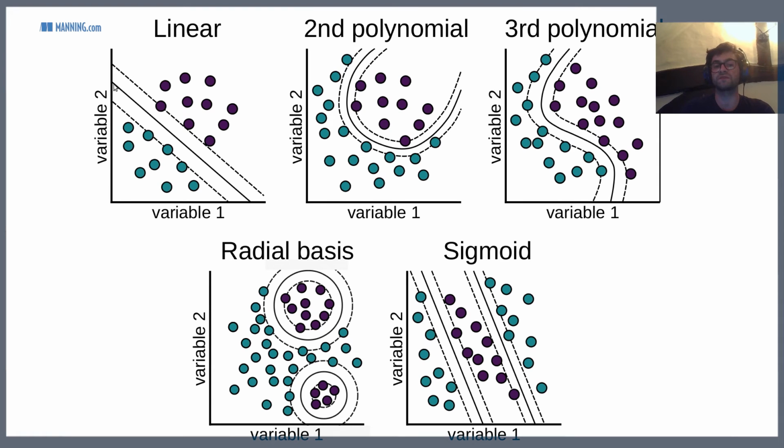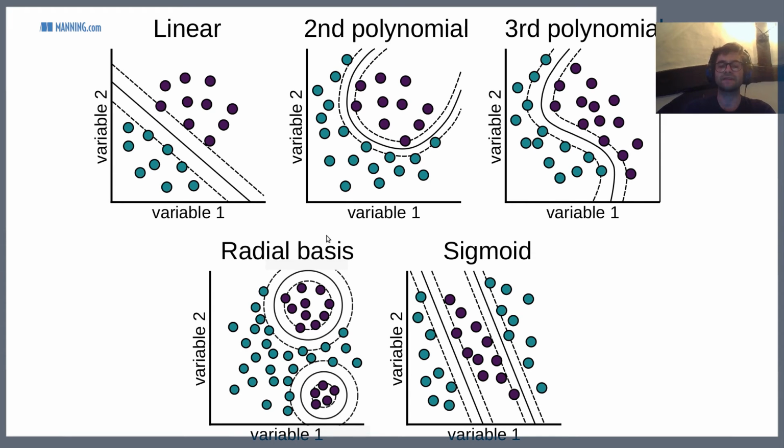So one option is the linear kernel, which is actually equivalent to no kernel at all. We can use a polynomial kernel, which is able to create decision boundaries of increasing levels of flexibility. So as you go from second to third to fourth polynomials, you can have very flexible decision boundaries.